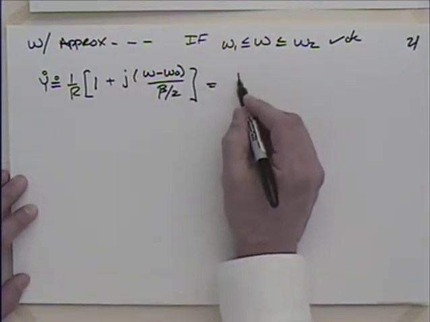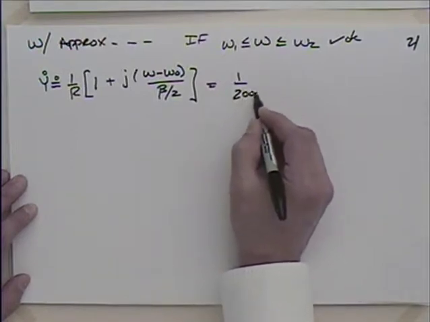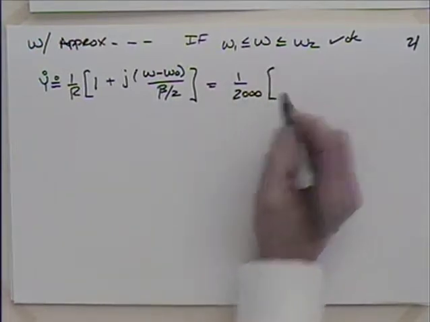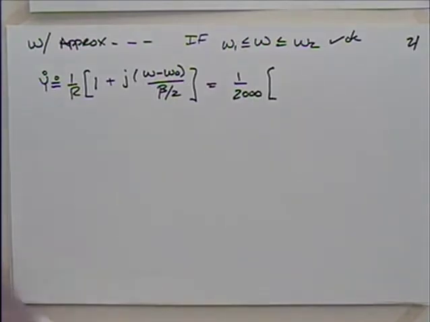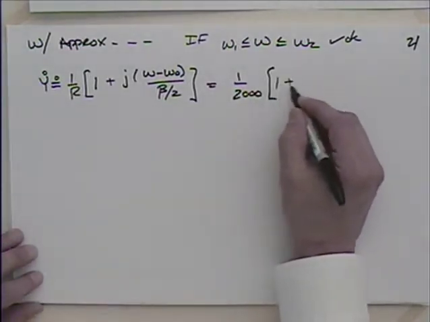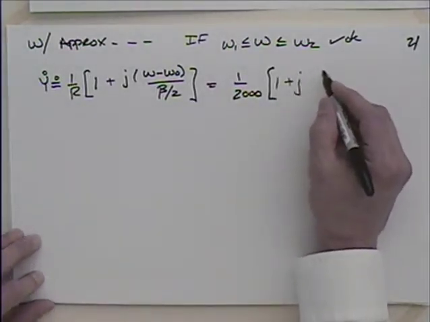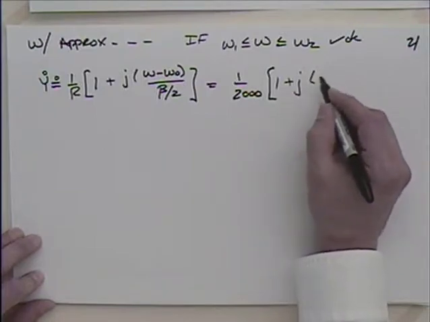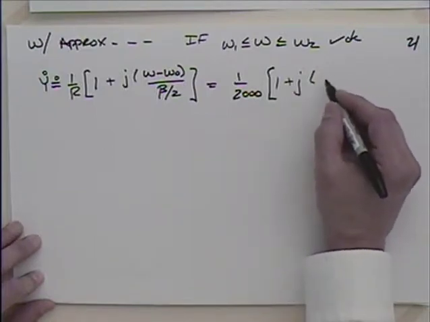So if I did this, I get 1 over 2,000 times 1 plus j, and omega minus omega naught is going to be, what, 500?